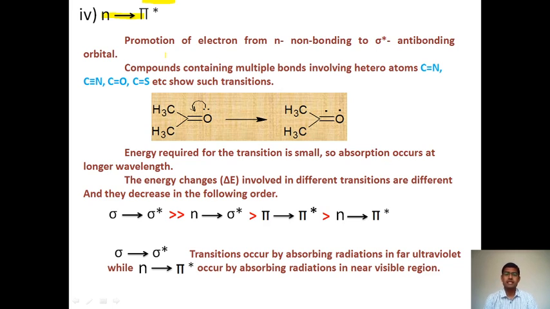Sigma to sigma star transitions occur by absorbing radiation in the far ultraviolet, while the least energetic transition, n to pi star, occurs by absorbing radiation in the near visible region. So usually ultraviolet spectroscopy gives an idea about unsaturation in your molecule.